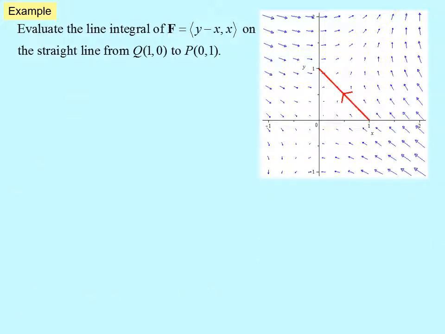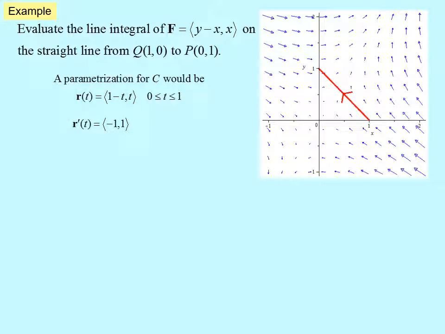So now, what if we take the same vector field and go between the same 2 points, only instead of going along a curved path, what if we go along the straight path? Just like before, we need to come up with the parameterization for that line segment from (1, 0) to (0, 1). We've done this in the past, so here's the proper parameterization for the curve.